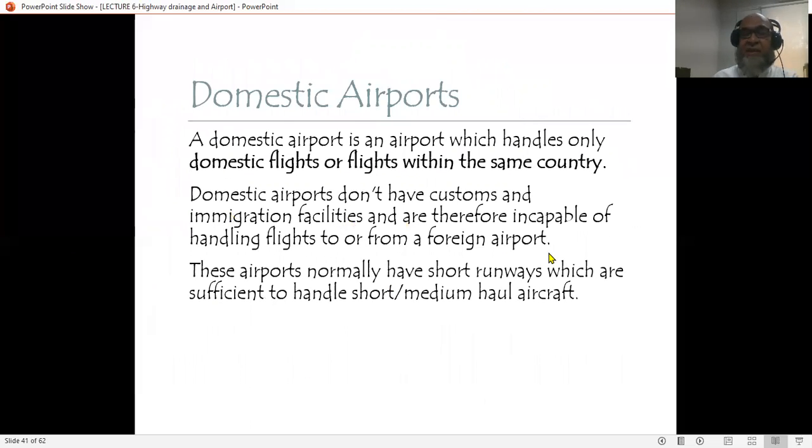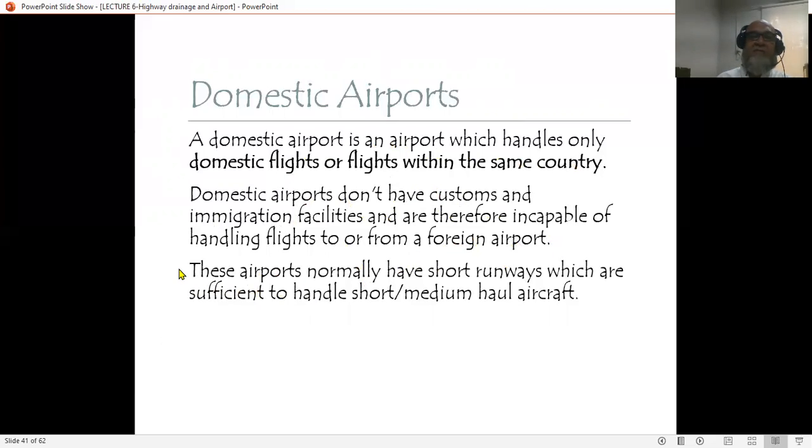Then there are domestic airports. Now, a domestic airport is an airport which handles only domestic flights. They do not have customs and immigration facilities. Like when we go to Lahore, Islamabad, Pindi from Karachi, these are domestic operations. Obviously, they do not entertain any flight from a foreign country.